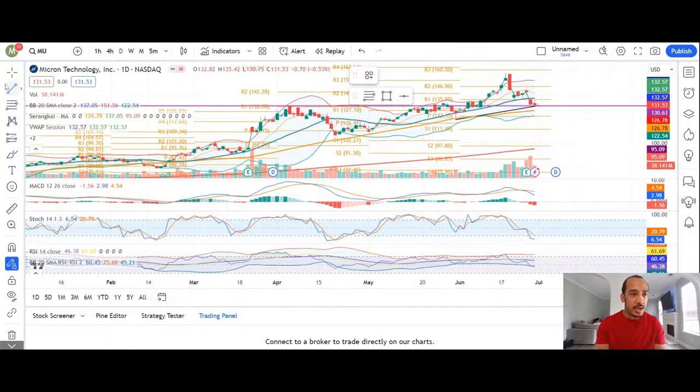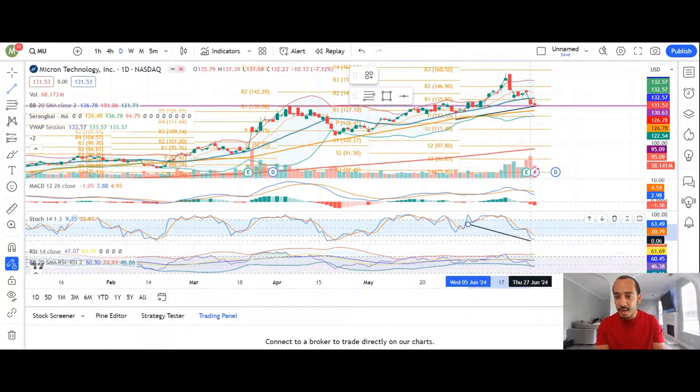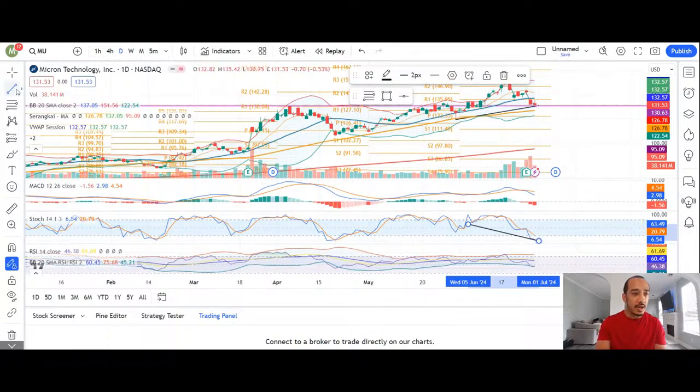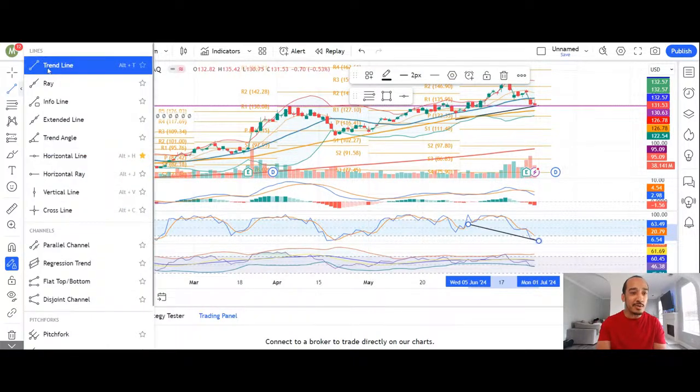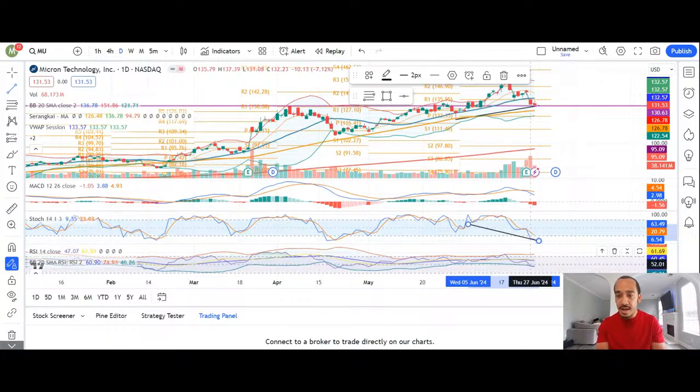On top of that, we got this divergence. If you look, we got higher lows on the stock and we have lower lows on the indicator. If y'all notice, every single trade that I mentioned has this same criteria, right? Higher lows on the stock, lower lows on the indicator. You know what I'm saying?